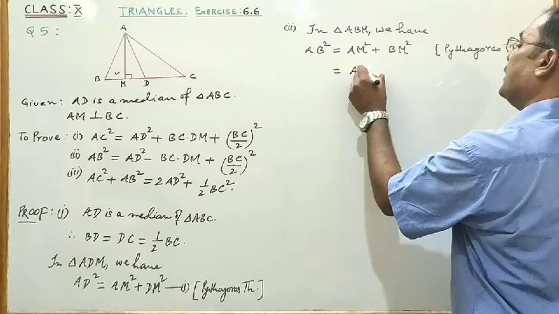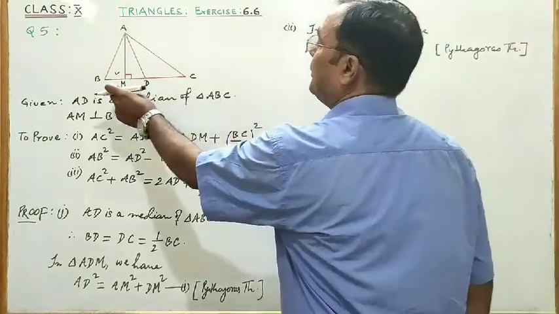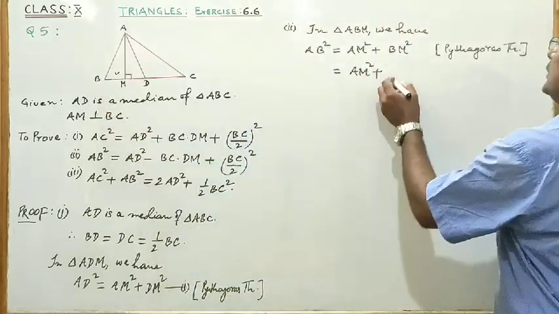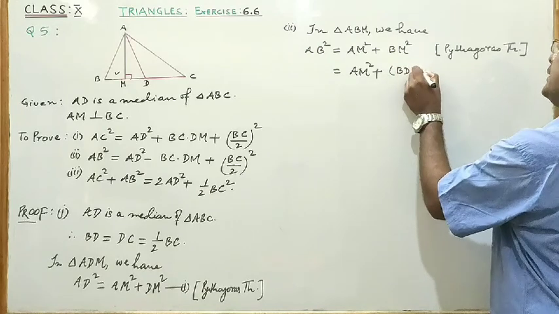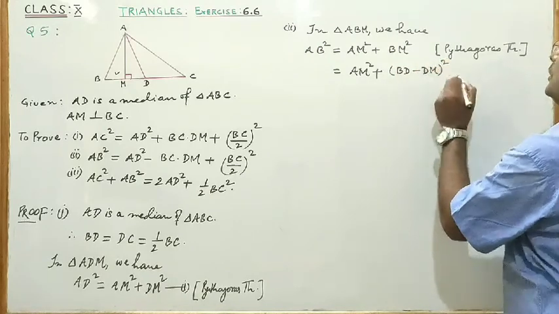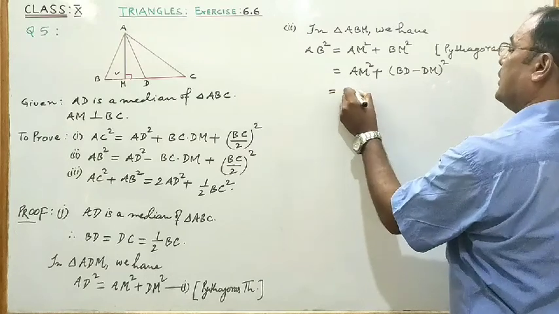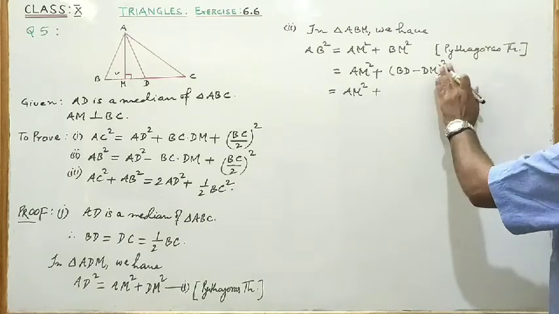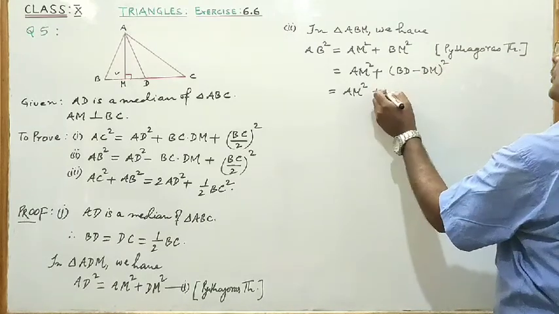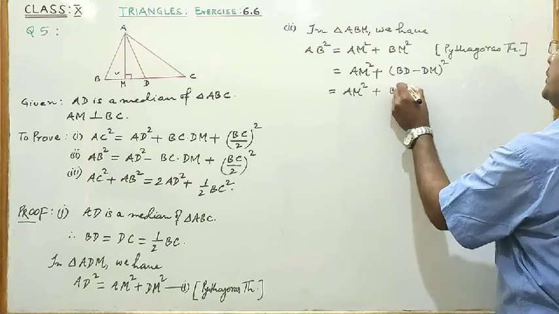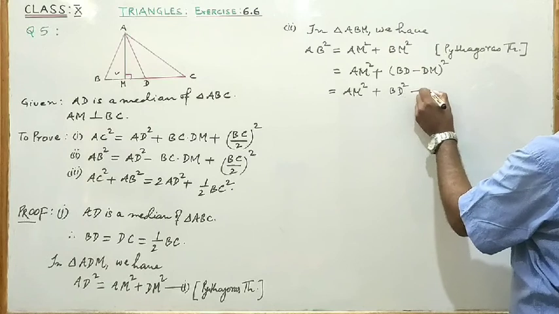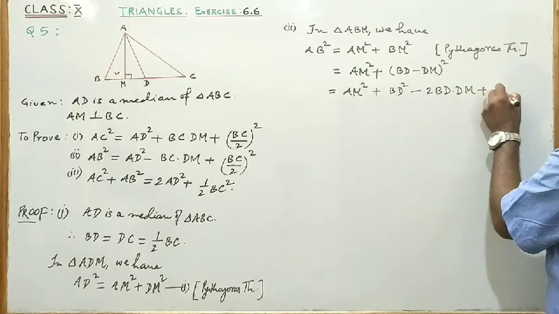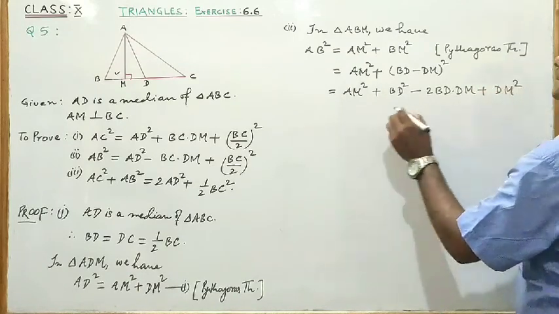So AM square plus this BM can be written as BD minus DM. So BD minus DM whole square. AM square plus, let us expand BD minus DM whole square using a minus b whole square formula. So it is BD square minus 2 BD into DM plus DM square.